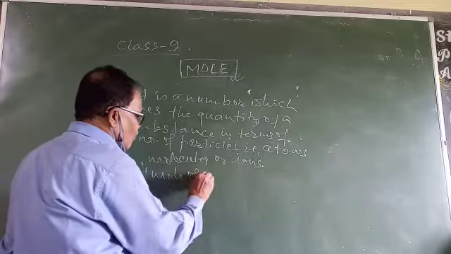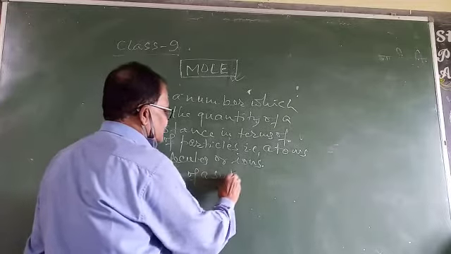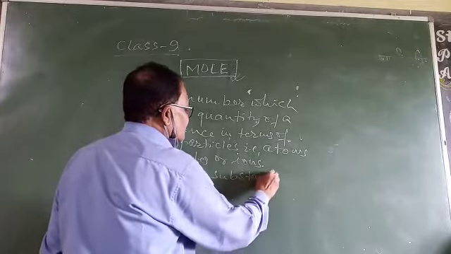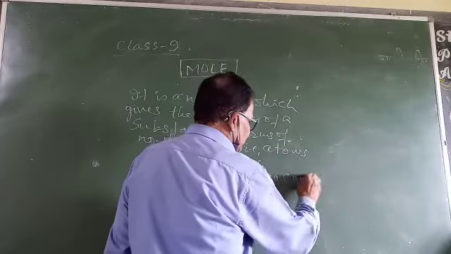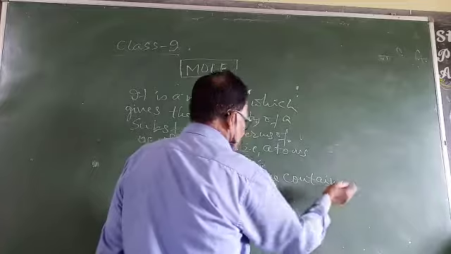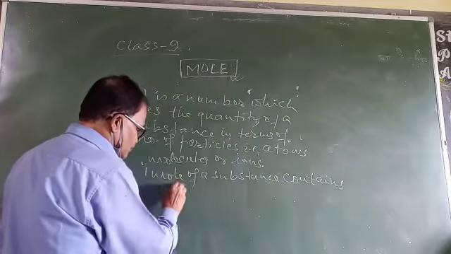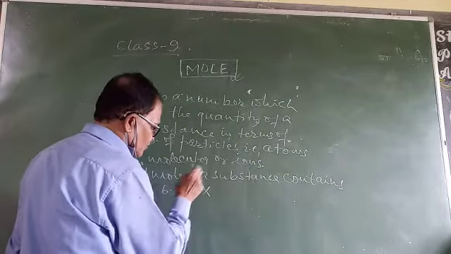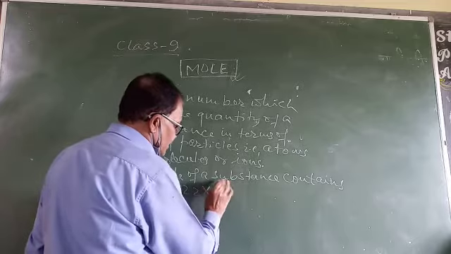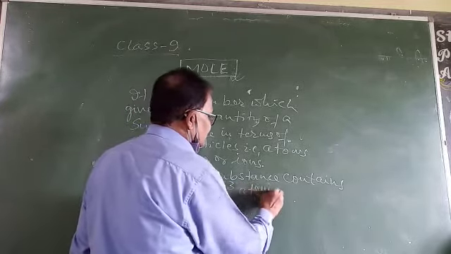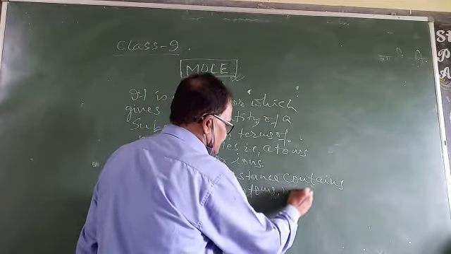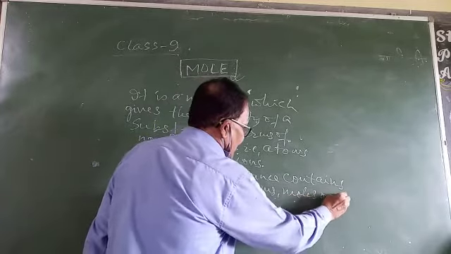One mole of a substance contains 6.022 into 10 to the power 23 atoms, molecules or ions.